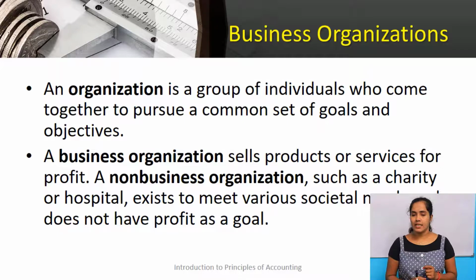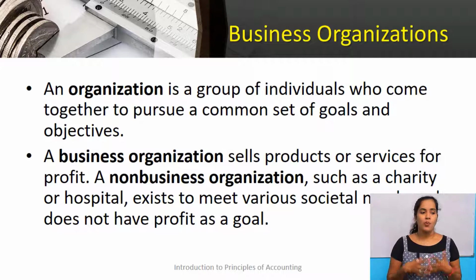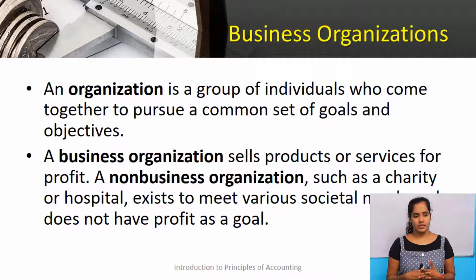So they sell products or services in order to make profit. A non-business organization, or we can say a not-for-profit organization, for example the charity and hospital, exist to meet various societal needs and do not have profit as a goal. So they like to achieve the goals of the society.